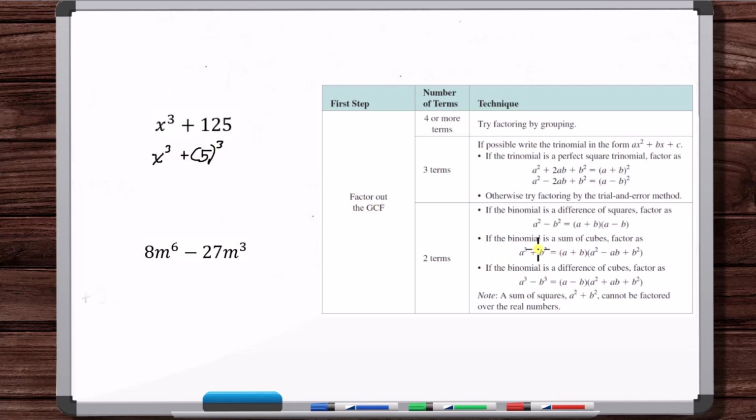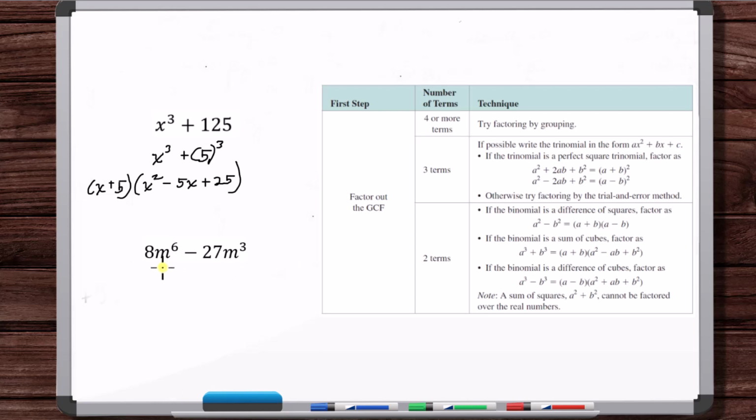There's your formula. For this case, a is x and b is 5. So x plus 5, x squared minus 5x plus 25. Now that's factored.